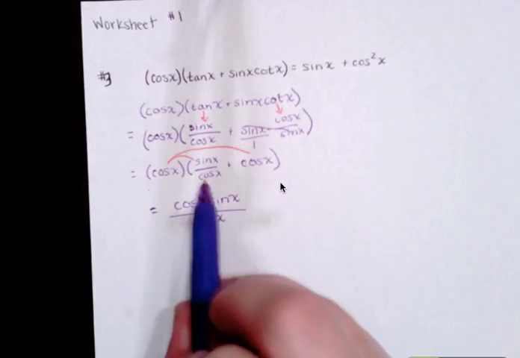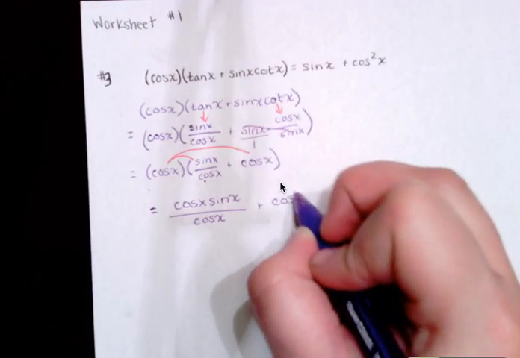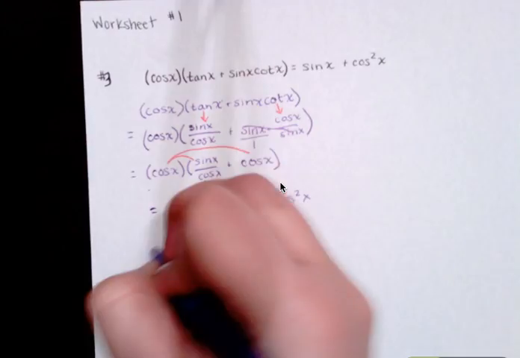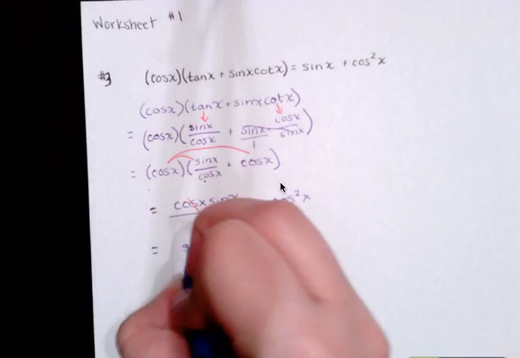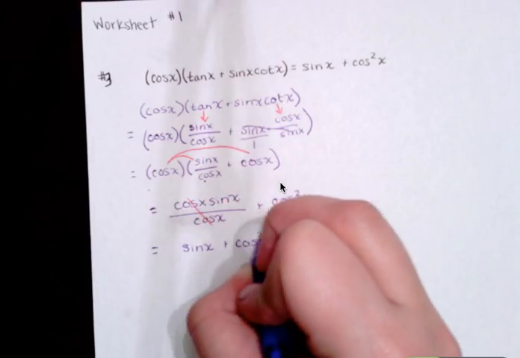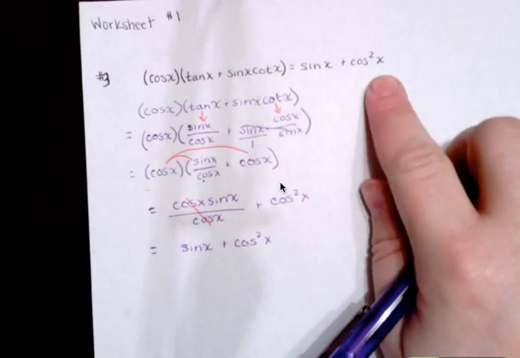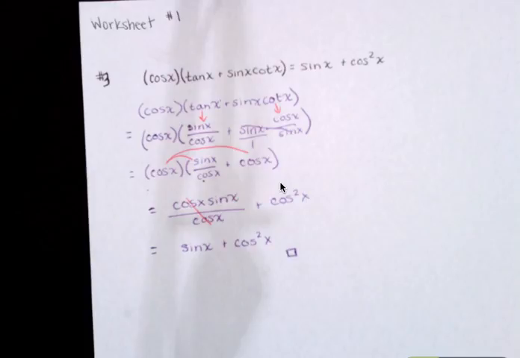So I distributed that cosine of x through. Then cosine times cosine is cosine squared of x. From this step, I know these 2 cosines will cancel out. I'm left with sine of x plus cosine squared of x, which was where I wanted to end up. So then you put your little box, and we're done with our proof. So that's all there is to number 3.